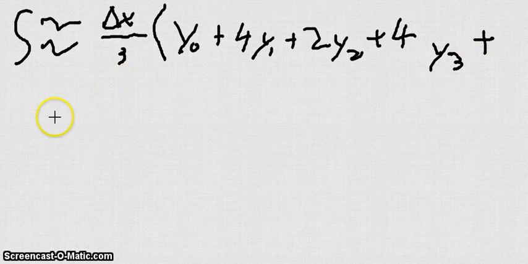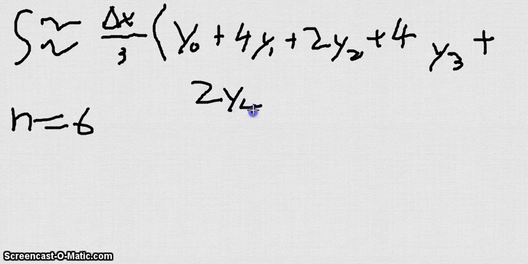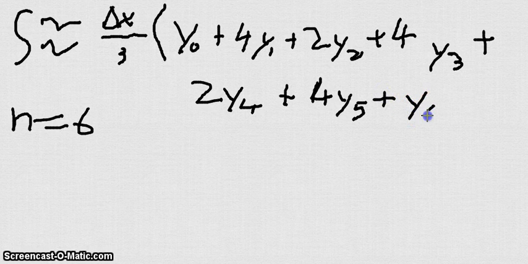For this case, the value of n equals 6, so we take until y5, and lastly y6 we don't multiply by 2 or 4.